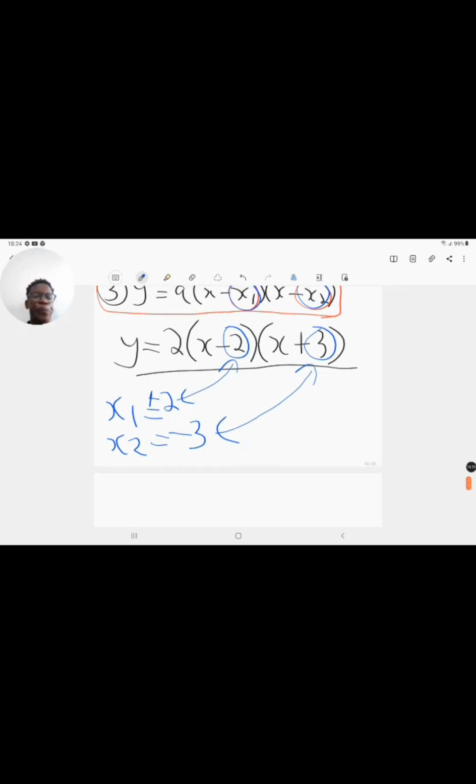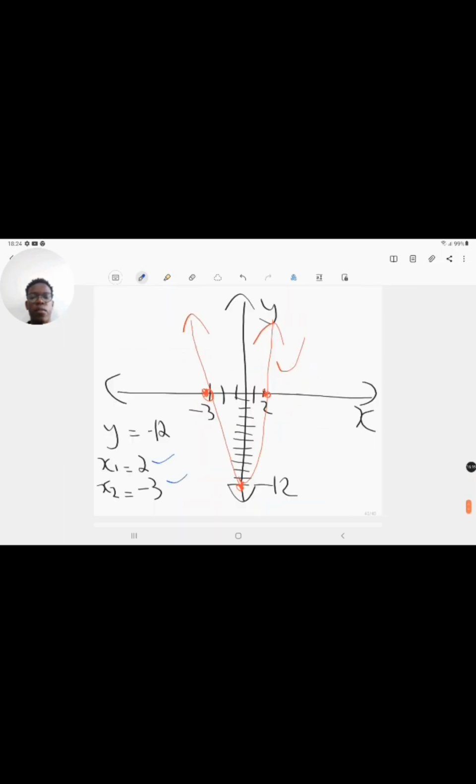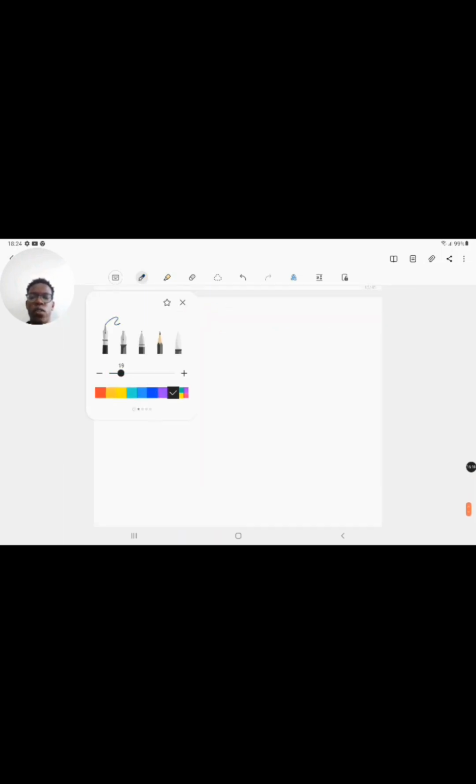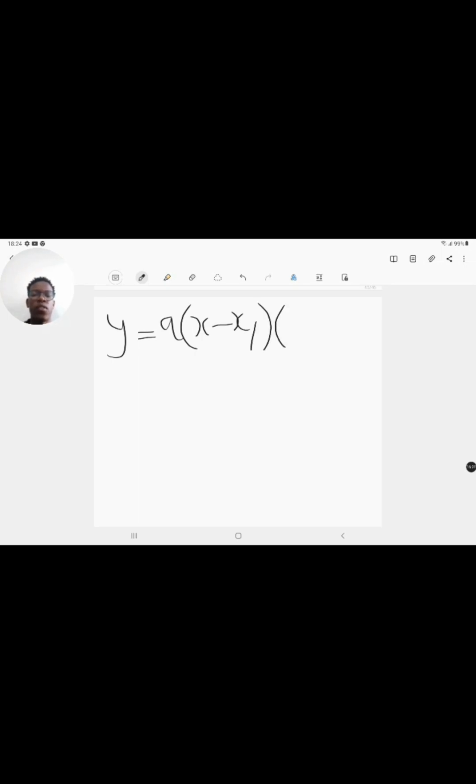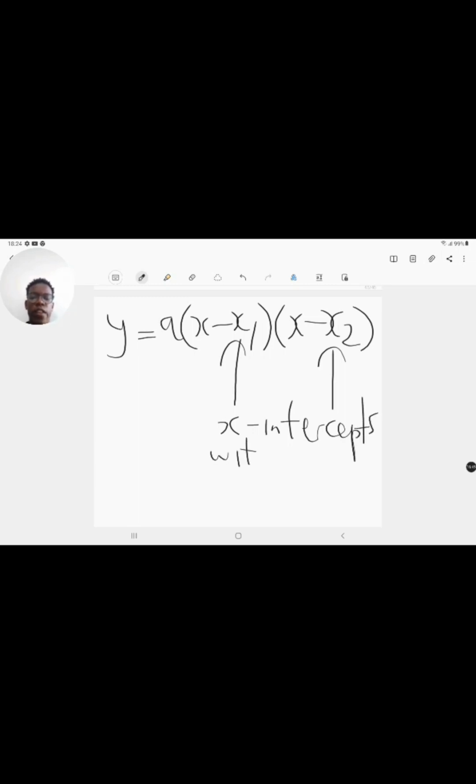Let me put it nicely in a page of its own. This is what that standard form tells you. If you've got a standard form, y is equal to a, then you've got x minus x1, then you've got x minus x2. Those values there are our x-intercepts of our quadratic function, but with their signs reversed.